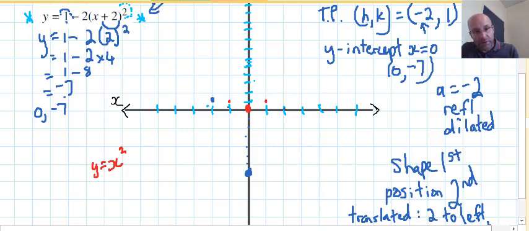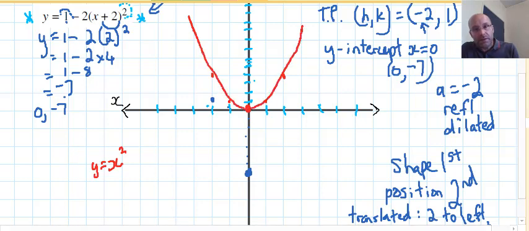When x is 2, y is 4. x is -2, y is also 4. 3 and 9, and so on. Don't go too crazy there, it's just a rough sketch.